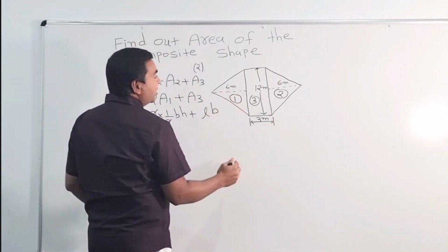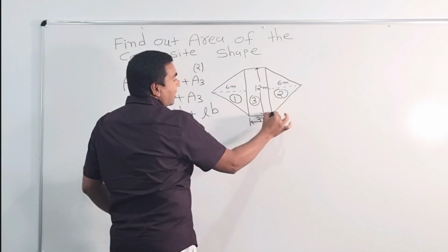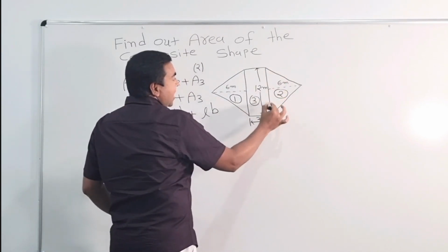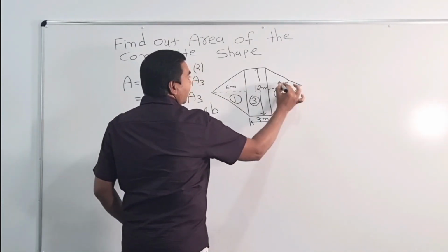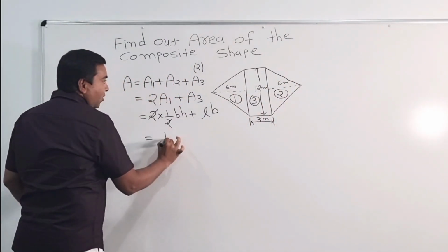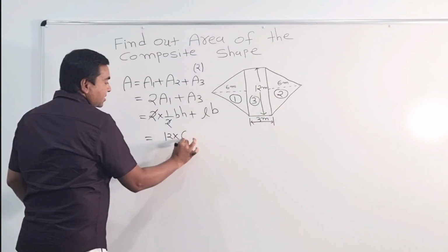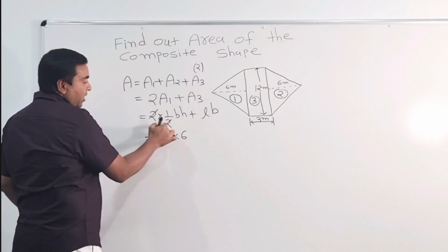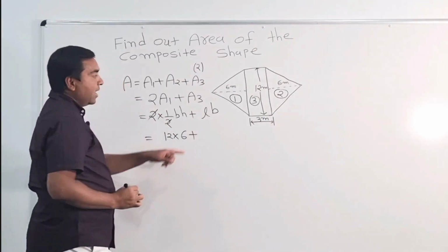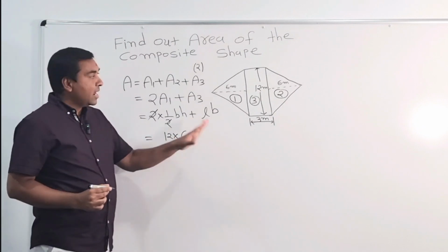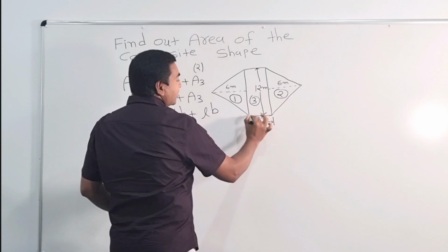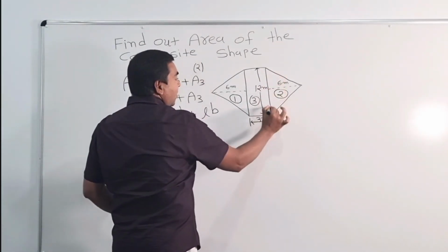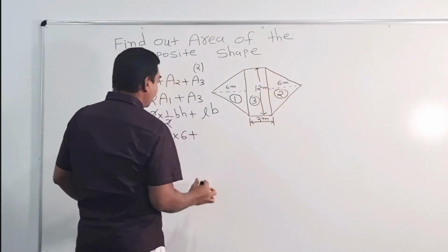In the triangle, what is the base? My base of the triangle is this one, which is 12 meters, and this is the height of the triangle, which is 6. So I can put down 12 multiplied by 6, as the 1/2 and 2 are already cancelled out, plus length times width for the rectangle. In this rectangle, I can see my length is 3, width is 12, so 3 times 12.